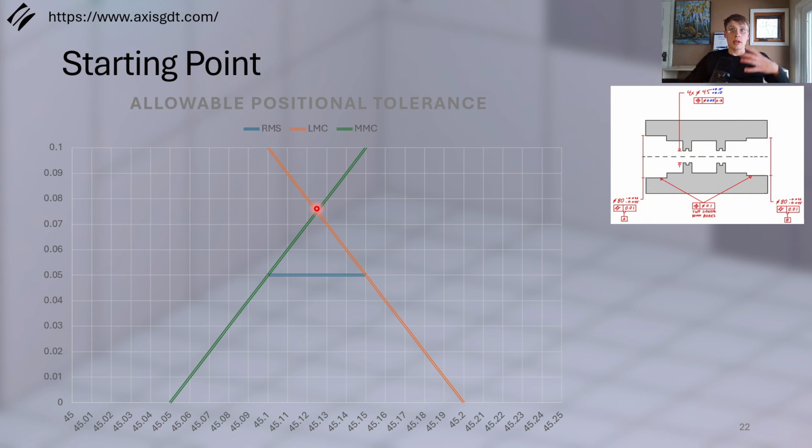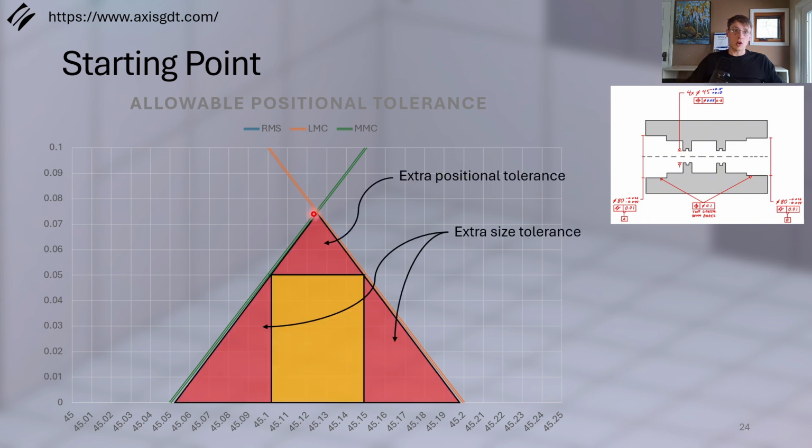But if we use both of those together, something cool happens. So this is the area, the size and positional tolerance, that was allowed before. But if we have both the LMC and the MMC at 0 simultaneously used, that creates a condition where we actually get all of this area. So if you were to only measure it at LMC, you would get a little bit of extra area, and the CMM, or however you're measuring this, would pass the part.